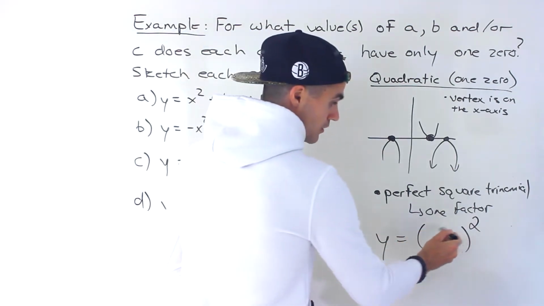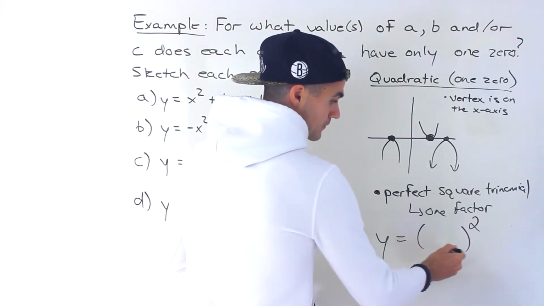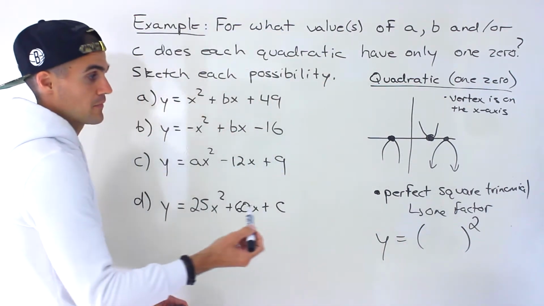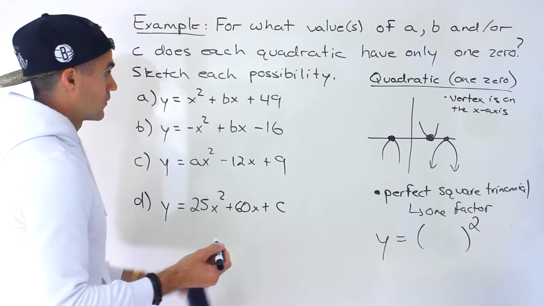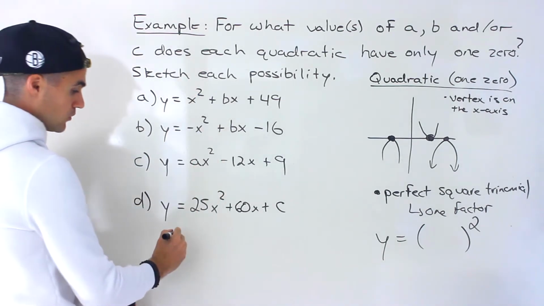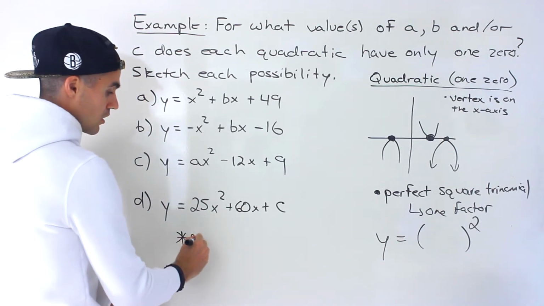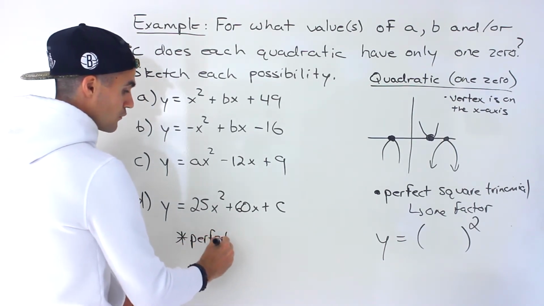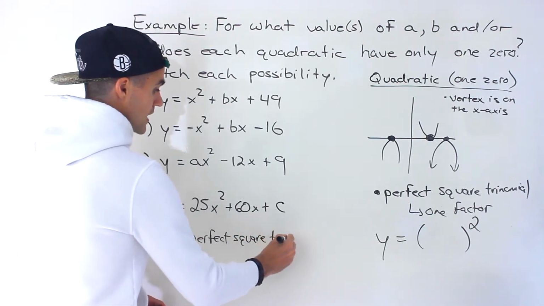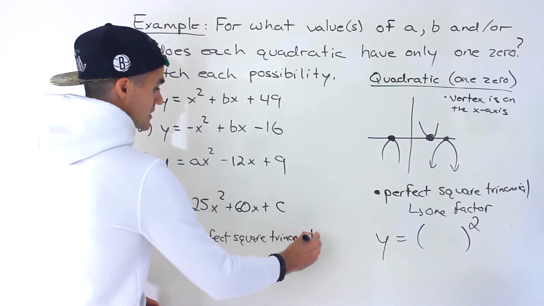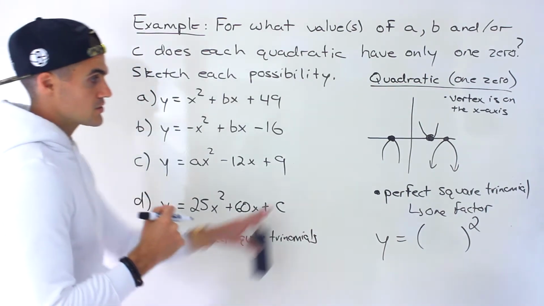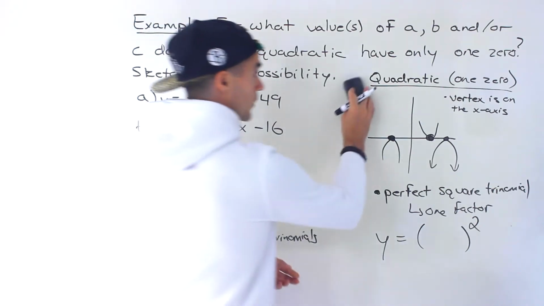That's where that one x-intercept is coming from. So all of these quadratics, if they're only going to have 1, 0, all of these are going to be perfect square trinomials. So that's key to understand, because that's what we're going to be using to solve these questions. All right, so just a quick review of what happens when a quadratic is 1, 0.